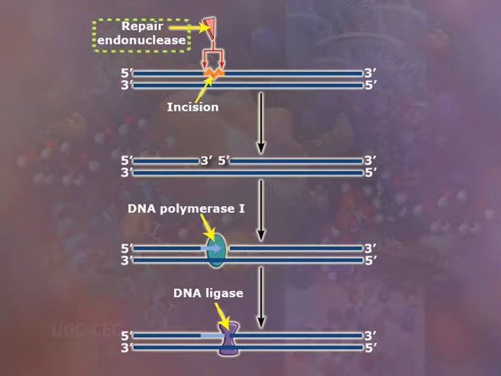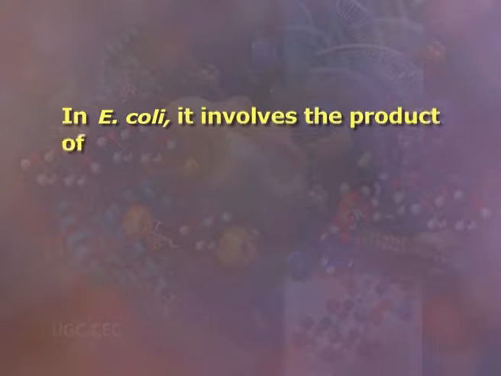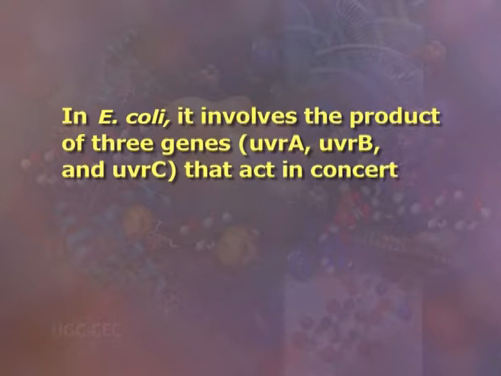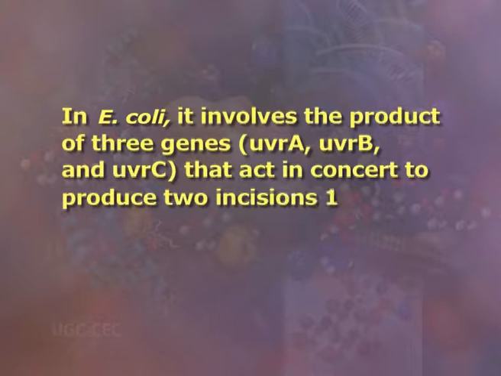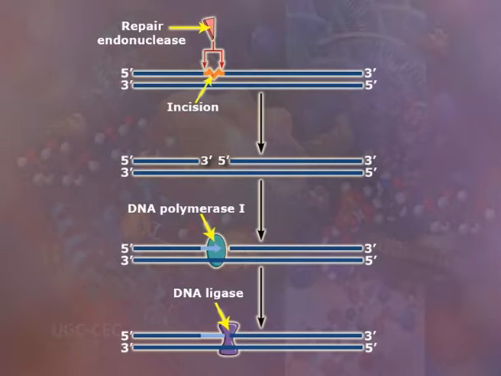A repair endonuclease recognizes the distortion produced by a thymine dimer and makes a cut in the sugar phosphate backbone near the dimer. In E. coli, it involves the product of 3 genes, UVRA, UVRB, and UVRC, that act in concert to produce 2 incisions 12 to 13 nucleotides apart, so that the dimer or other lesion is contained between the 2 incisions.